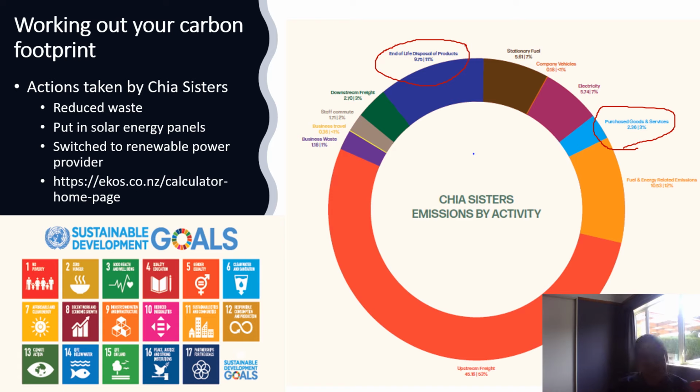One of the ways that they've done this is by going to solar energy panels and having a renewable power provider. So you can actually see the difference, and it's credible. They've got the numbers to support it when they're saying they are a sustainably focused organisation.